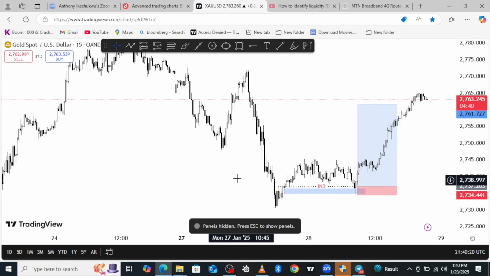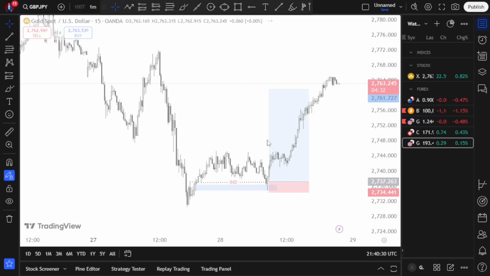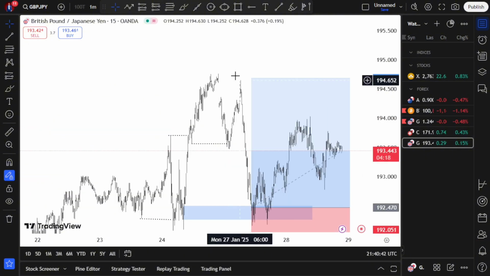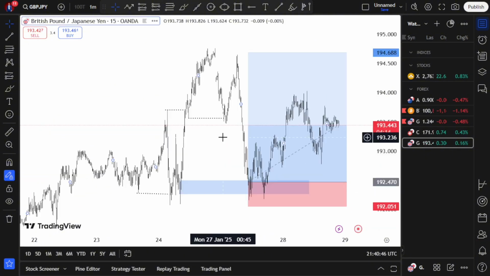So guys, it's been a whole lot of hours, fam, and I'm still holding this trade because I do believe this market is actually going to push to this high right there. So I'm just going to hold.